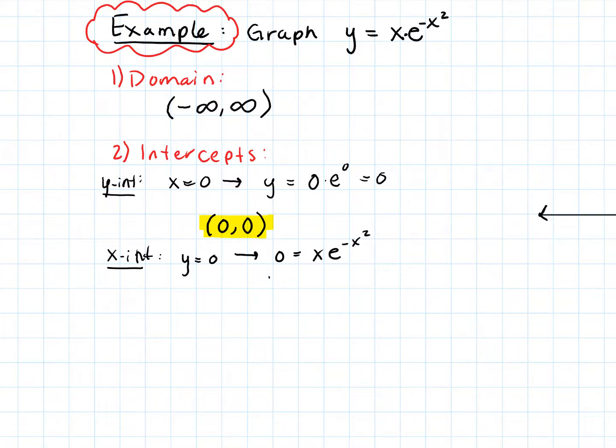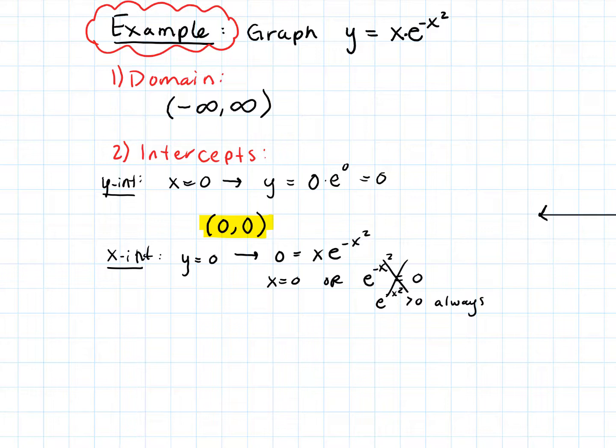Well, that's going to occur when x equals 0, so we already know one of the x-intercepts at least, or e to the negative x squared equals 0. But this cannot happen, because e to the negative x squared is greater than 0 always. An exponential is always greater than 0. So there are no roots from that one. There are no possible x values from that equation.